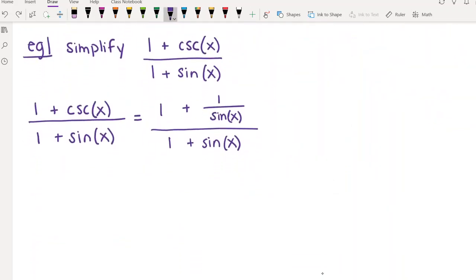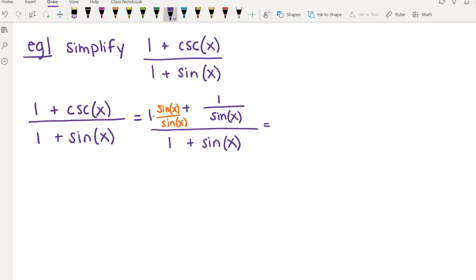So we're going to multiply this 1 by sine of x over sine of x, and force there to be a fraction there.